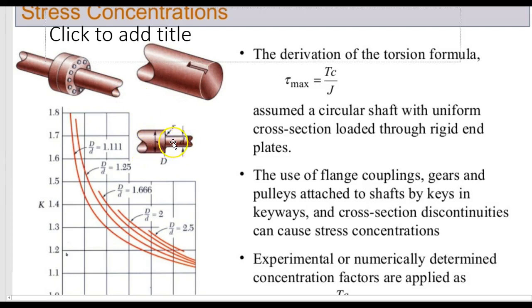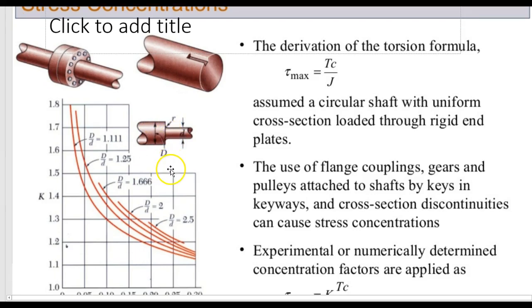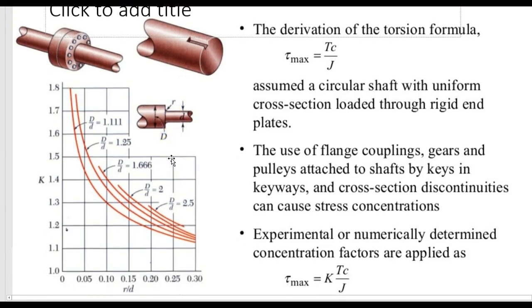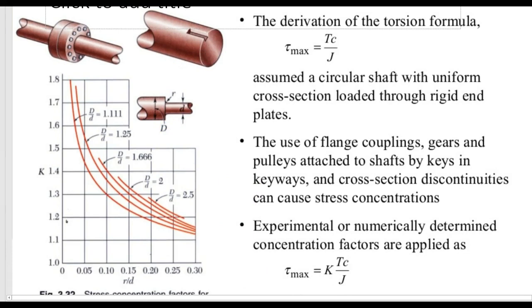So we have a smaller diameter shaft bonded with a larger diameter shaft and a filleted connector or filleted edge in between. So when we do that, the tau max looks very much like the equation Tc over J, which is the elastic torsion formula, only now we multiply it by a concentration factor K, just like we did for normal stress with the flat bar fillet, flat bar circular hole.